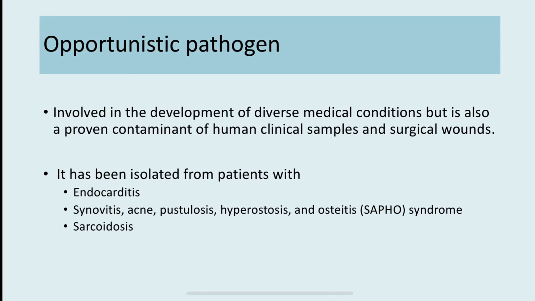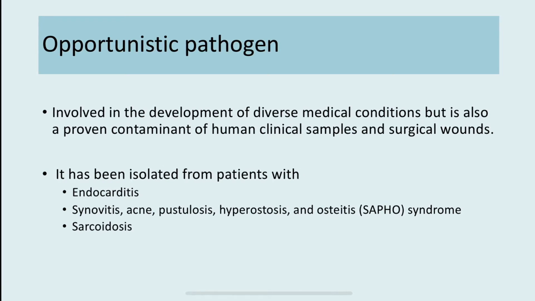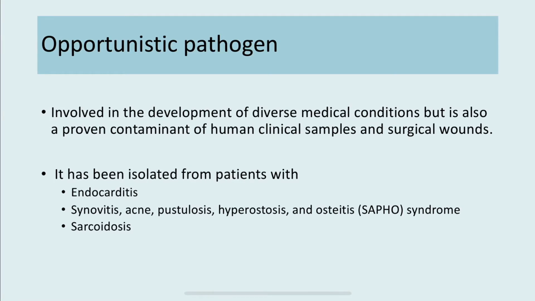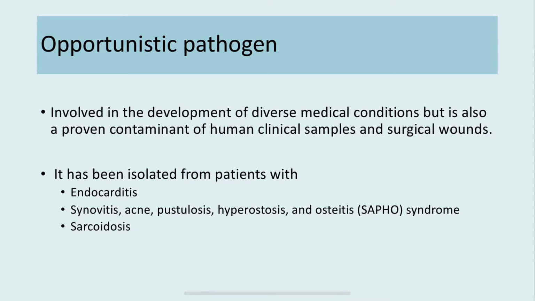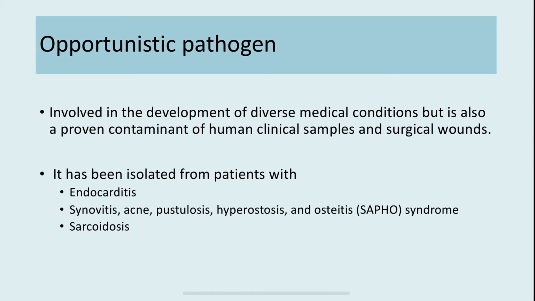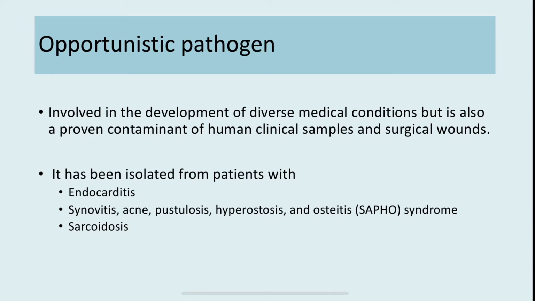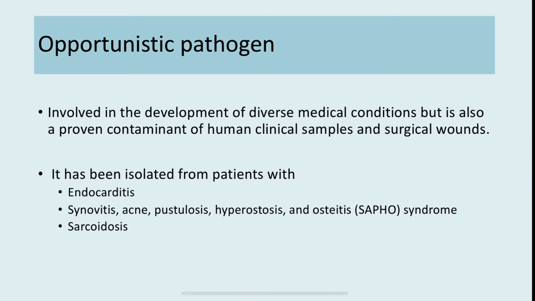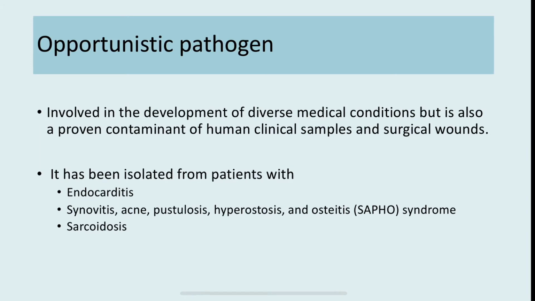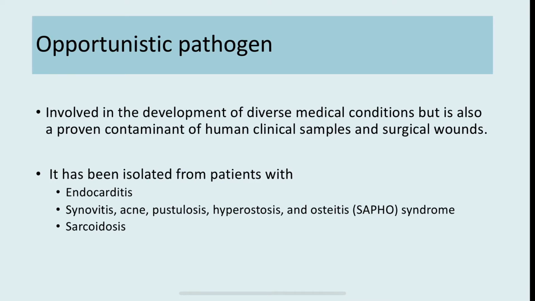It has been isolated from patients with endocarditis, which is an infection of the endocardium, the inner lining of your heart chambers and heart valves; synovitis, which is inflammation of the joints; acne; pustulosis, which are thick yellow blisters containing pus, often in the palms and soles; hyperostosis, the inflammation in bone substance; and osteitis, the inflammation of the bones, also known as SAPHO syndrome.